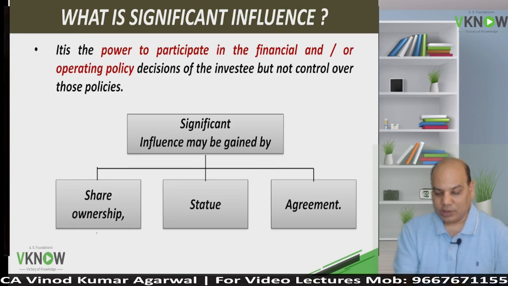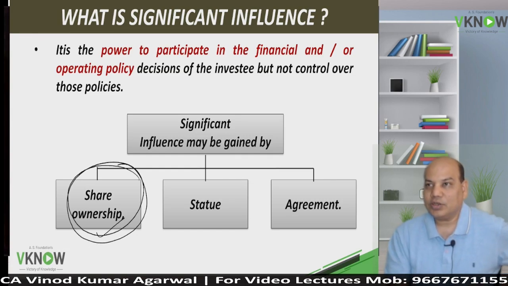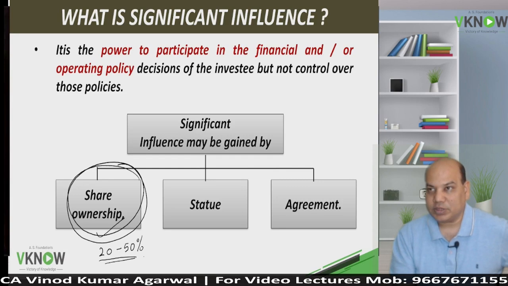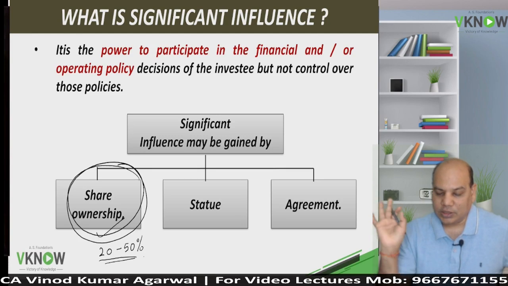Significant influence can be by share ownership, which is usually the case, and especially from an exam point of view, share ownership is the test of significant influence. So the share ownership should be between 20 to 50%. If you are holding 20 to 50% share, then it is presumed that you have significant influence.